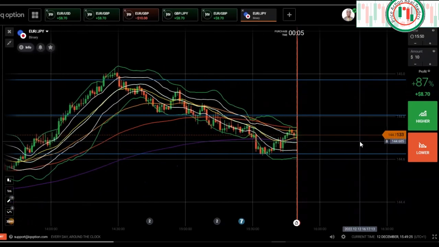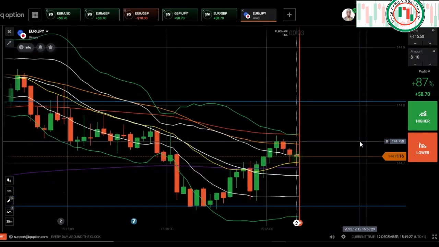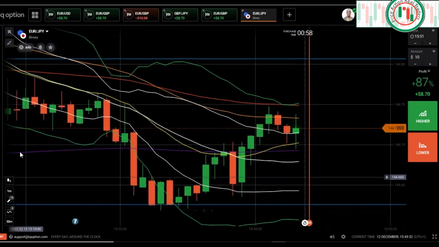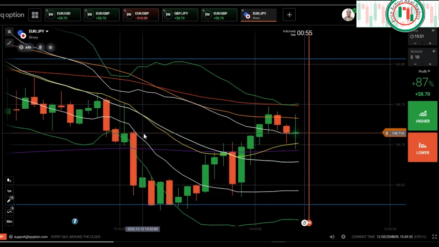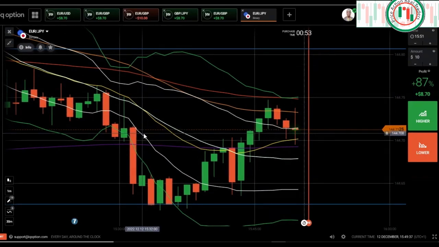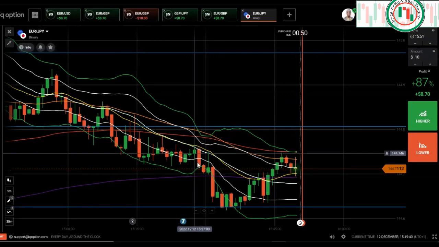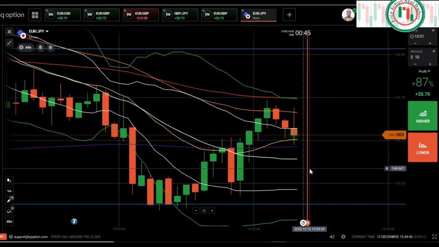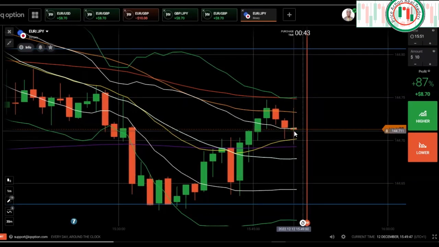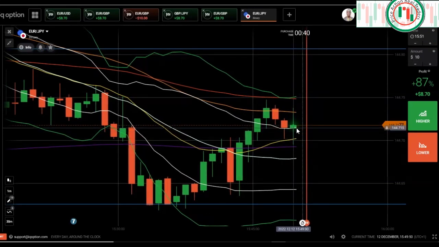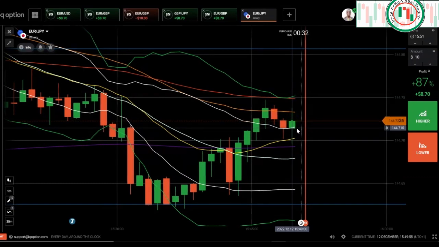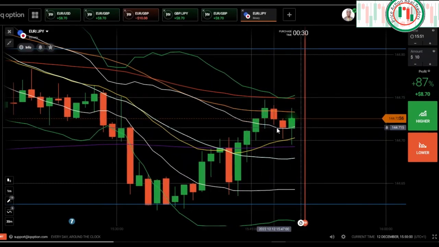So if you lose concentration, so you see here, now you see market is reversing here because of this uptrend, downtrend.